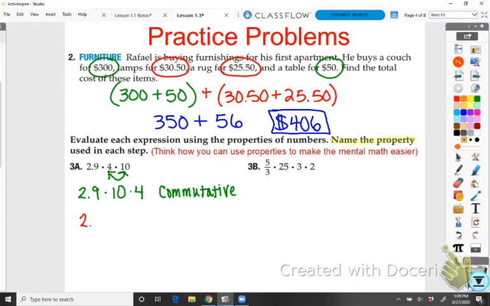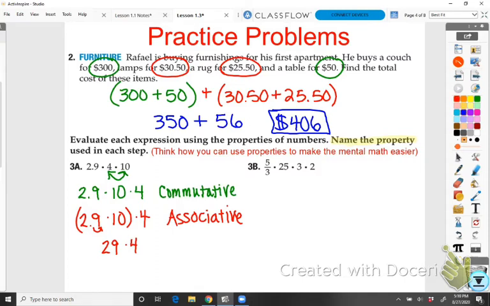I know that if I multiply 2.9 by 10, that's going to move the decimal one spot to the right, and it's going to turn into 29. So that's why I can do that. When I grouped them together, that was associative. So I eliminated the decimal, and you can do 29 times 4.